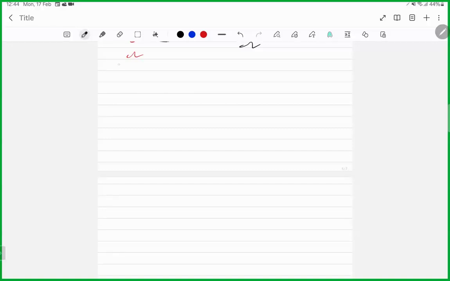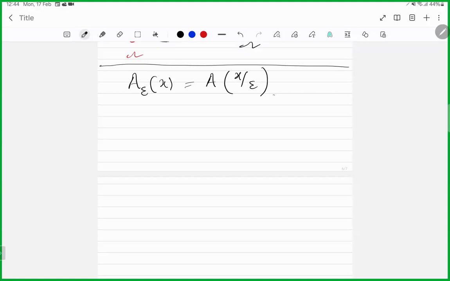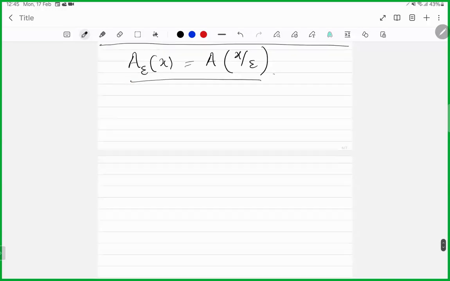Okay. So for time being, let's assume a epsilon x is a of x over epsilon. Okay, it's periodic. It's epsilon y periodic. So if a epsilon is this, then we look at the test function, which Harsha said is the second most important equation to remember after the initial equation.